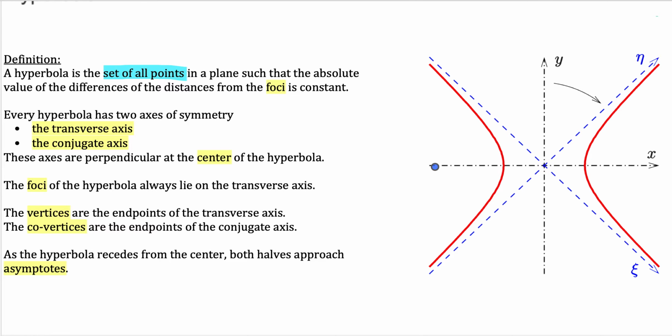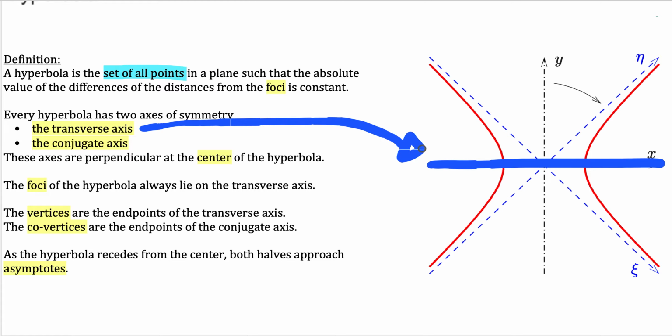So the transverse axis is always going to go through the actual hyperbola. So you notice how it crosses through. So I'm going to rewrite this here. And it goes through the hyperbola.